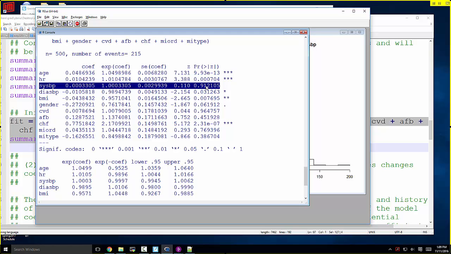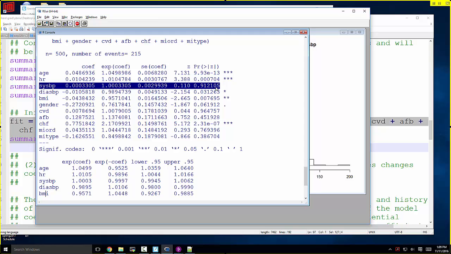There's a statistically significant linear association between systolic blood pressure and log hazard when considered alone. But this coefficient is the linear association between log hazard and systolic blood pressure, holding everything else constant. So among people with the same age, same heart rate, same diastolic, and everything else, if you increase systolic blood pressure by 1 unit, this is the estimated log hazard ratio. And it's not anywhere near statistically significant.